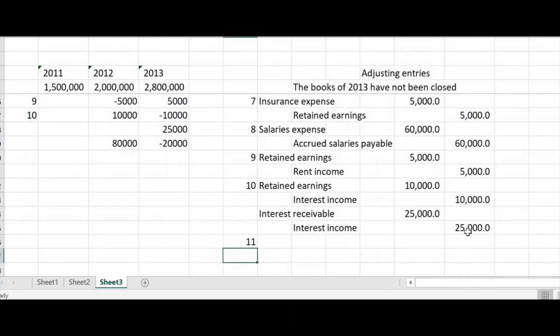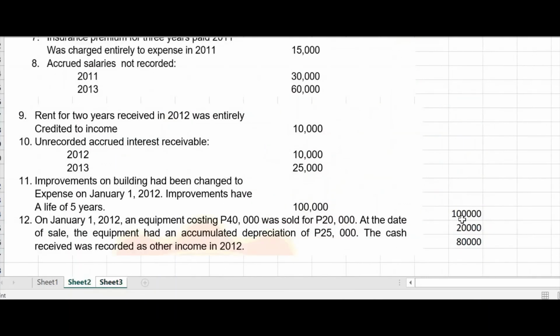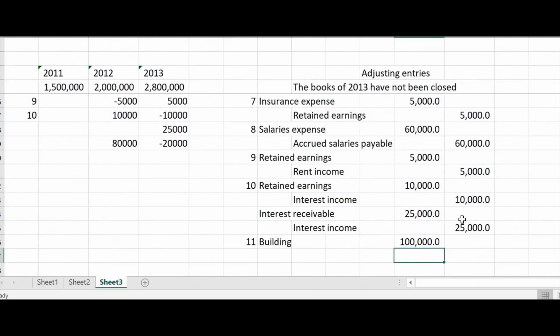So, of course, you'll debit building sa cost niya. Debit building sa cost niya. Then, that's for 100,000. Okay? 100,000.